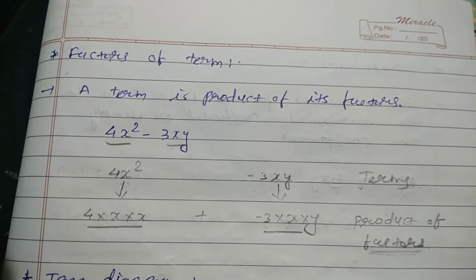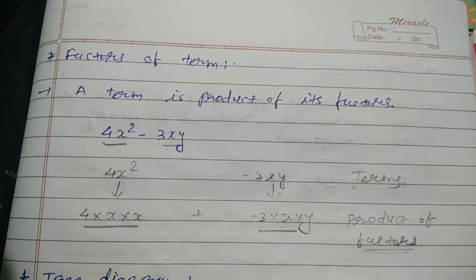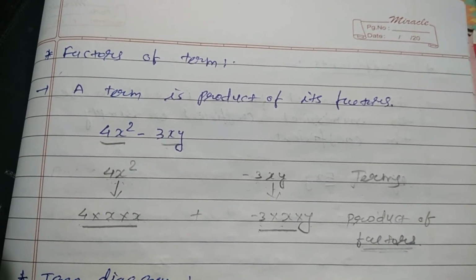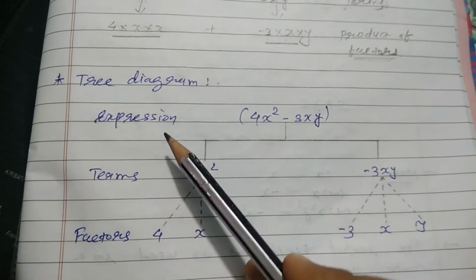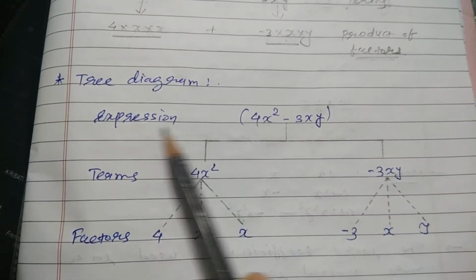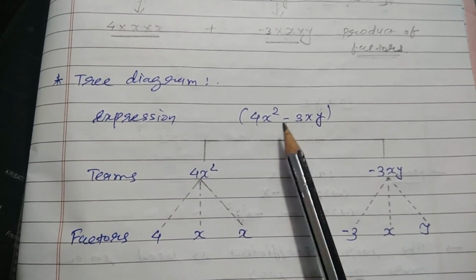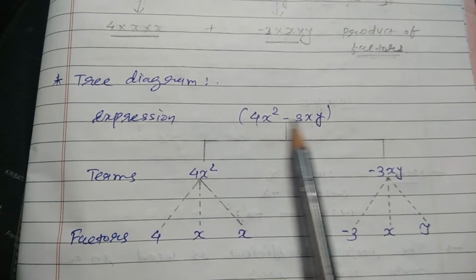Now we can represent the terms and factors of the terms of an expression conveniently and elegantly by a tree diagram. What is a tree diagram? Let's see. Here we will take the same example, 4x square minus 3xy. Here we will write the expression. Afterward we will use continuous lines, and how many terms are there?